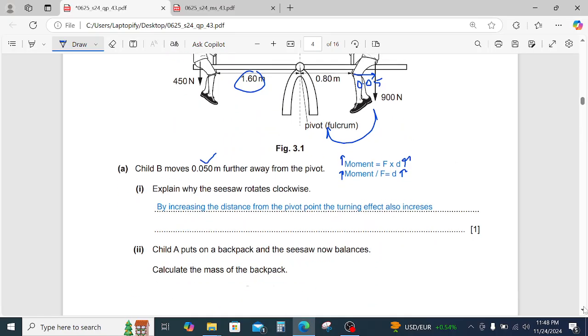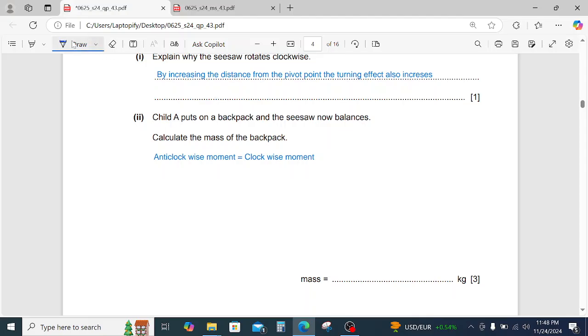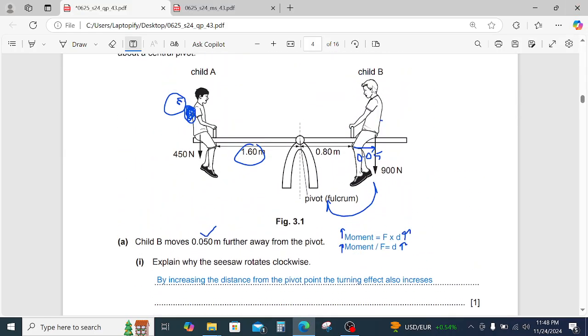So I will write here the weight of the bag, I will write B here so you can easily understand, plus 450 Newton, multiplied by the distance 1.60, is equal to, moving towards the diagram, the weight of this child is 900 Newton and the distance is 0.80 plus 0.05. Okay, you have to add both.